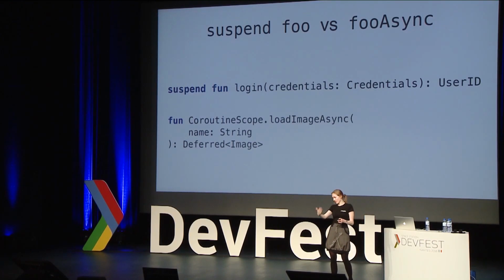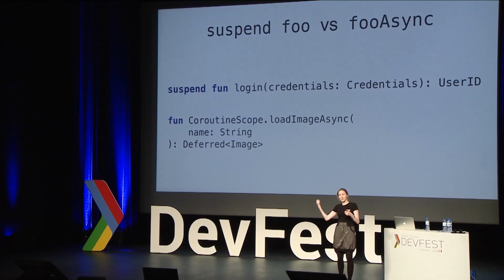You probably remember in my first example with login, when I defined it as something that returns deferred, I had to call await right away. That is a marker that in this situation suspend works better.